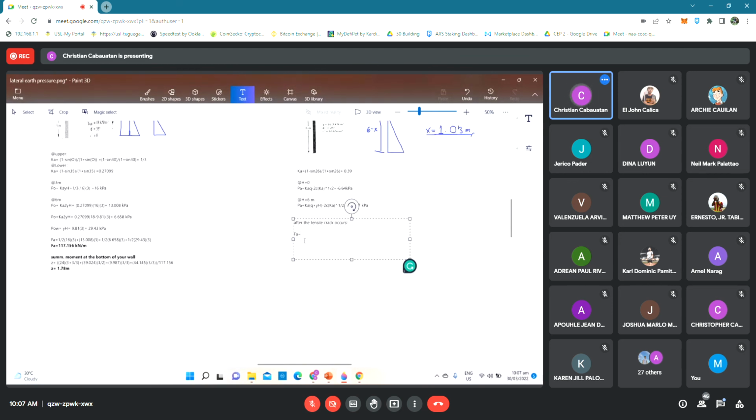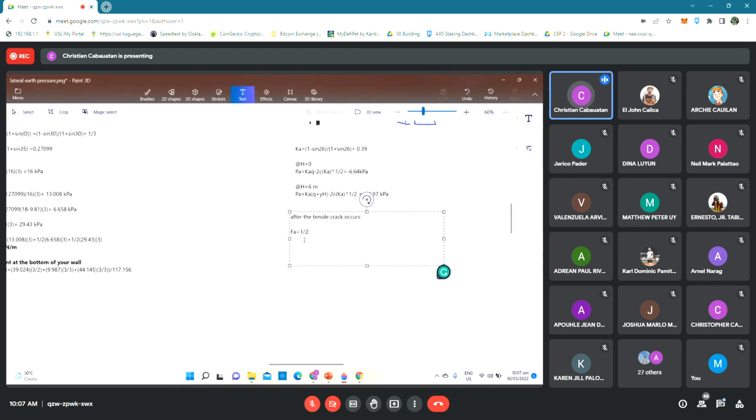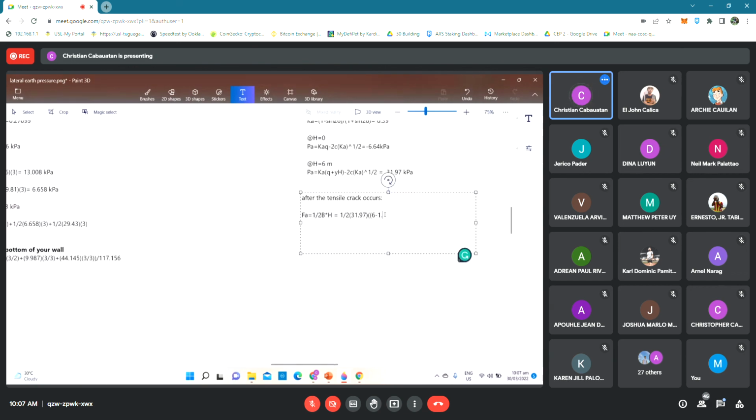So FA is 1/2 times your base times your height. 1/2 times your base, 31.97, times your height, 6 minus X, or 6 minus 1.03.